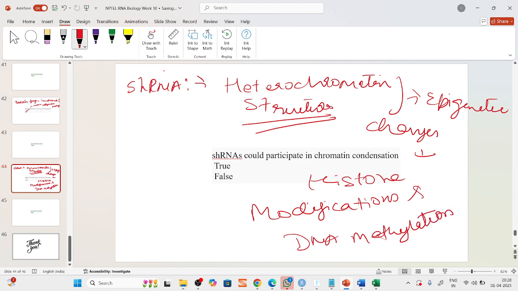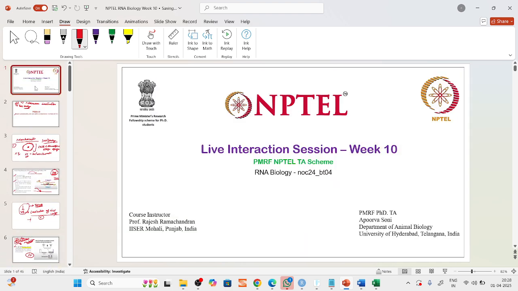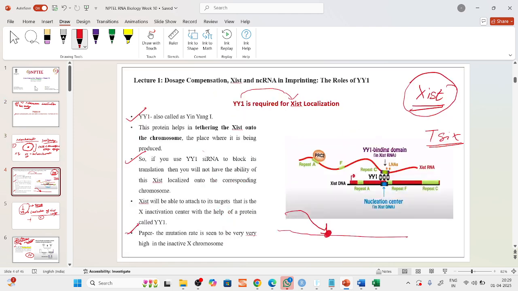Okay, so this is about the question. Now quickly we'll try to revise whatever we have studied today. So week 10 was in continuation with dosage compensation, Xist non-coding RNA in imprinting and the role of YY1. So what is YY1?